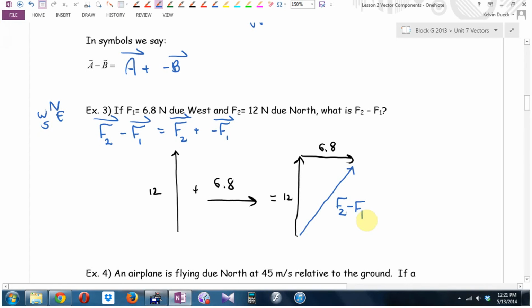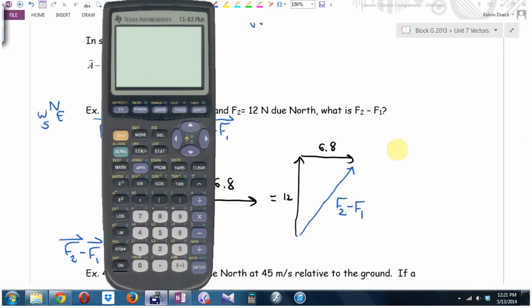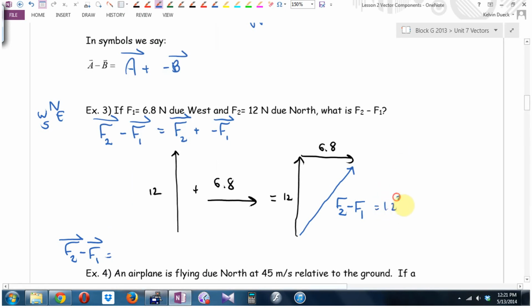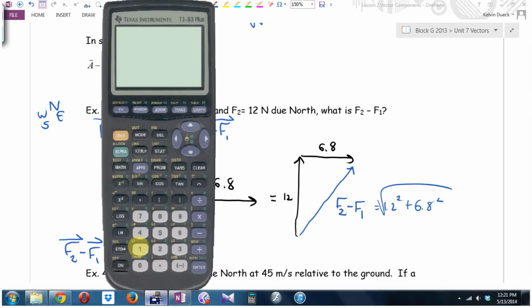Oh, let's do the Pythagoras. So it's going to be 12 squared plus 6.8 squared, and then square root. You get 13.8 for magnitude.